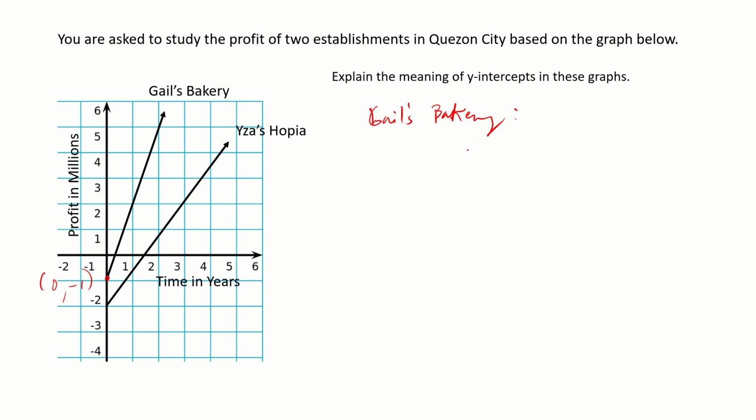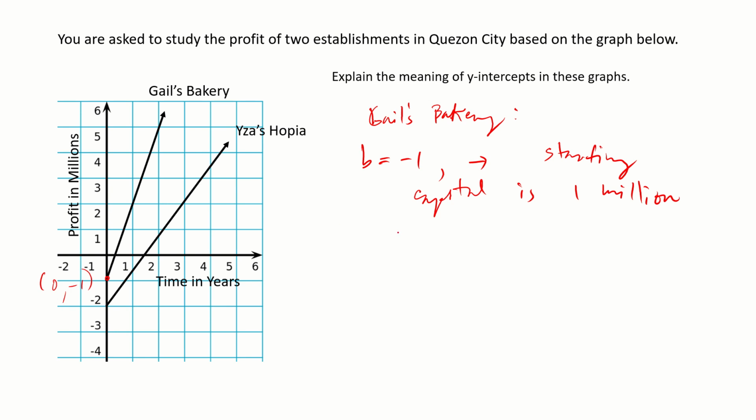What's the meaning of the y-intercept here, -1? It means that the starting capital of Gale's Bakery is 1 million, since the y-axis is profit in millions.